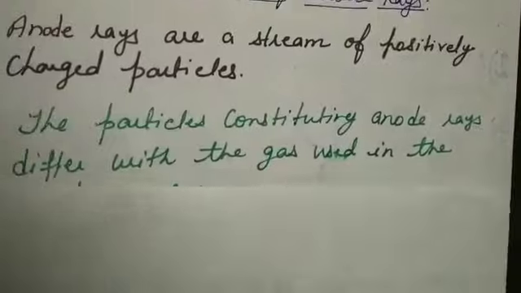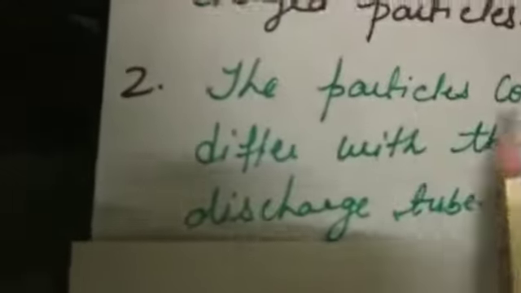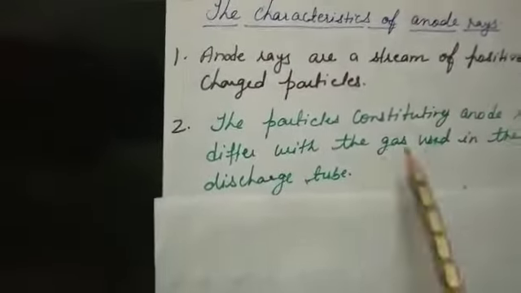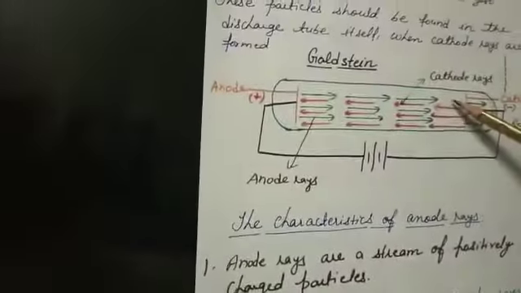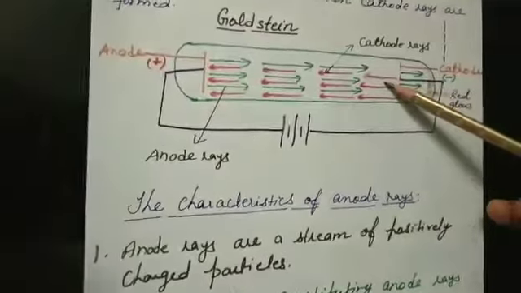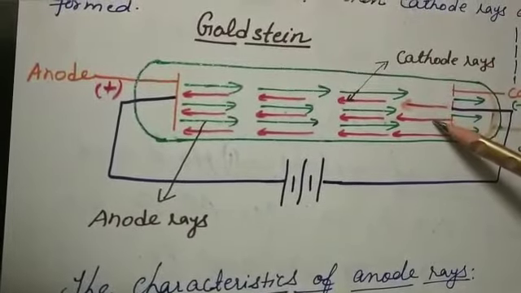The second characteristic of anode rays is that the particles constituting the anode rays differ with the gas. If you take nitrogen gas, the particle will be different. If you take oxygen gas, the particle will be different. Different gas, different particle.